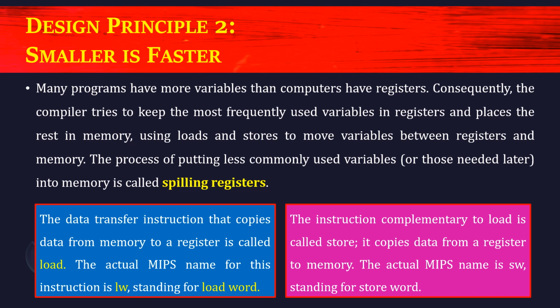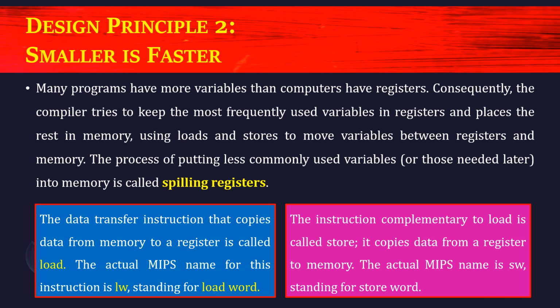Consequently, the compiler tries to keep only the most frequently used variables in registers and the rest in memory. Using the load and store commands, it moves the variables between the registers and the memory. The process of putting less commonly used variables into memory is called spilling registers.